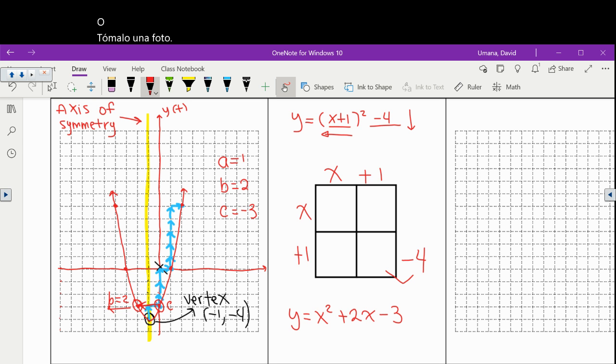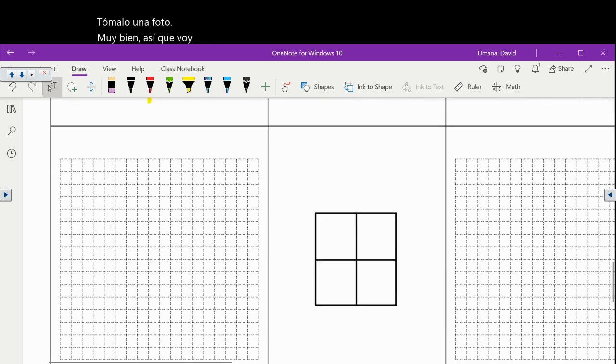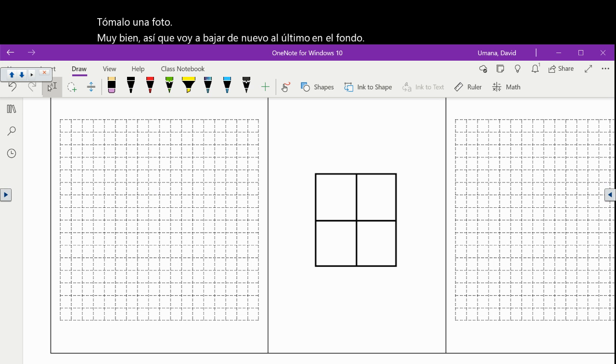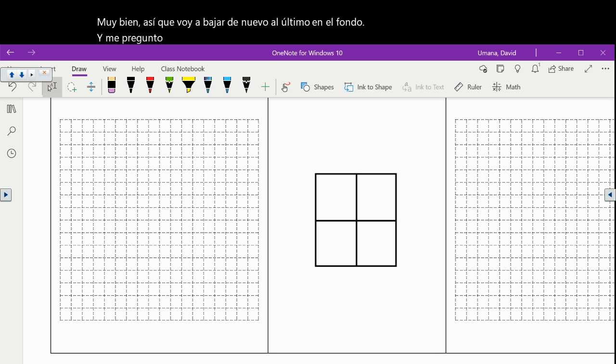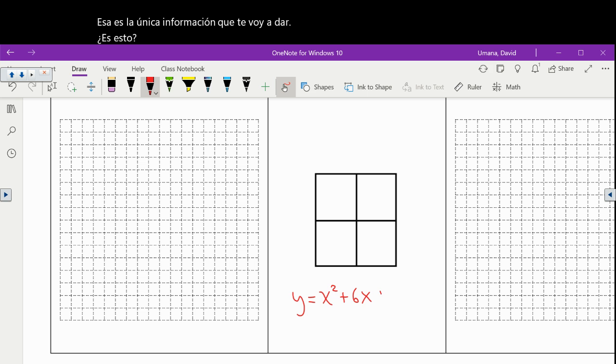Okay. All right. So I'm going to go down again to the last one in the bottom. And I'm wondering if anybody can figure out what to do, if the only information I'm going to give you is this. If I tell you that the only thing I know is y equals x squared plus 6x plus 7, is that enough information to do everything else?